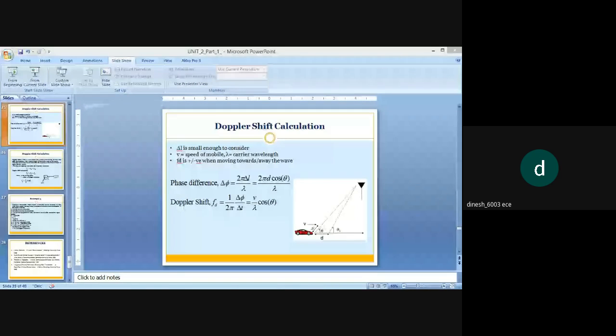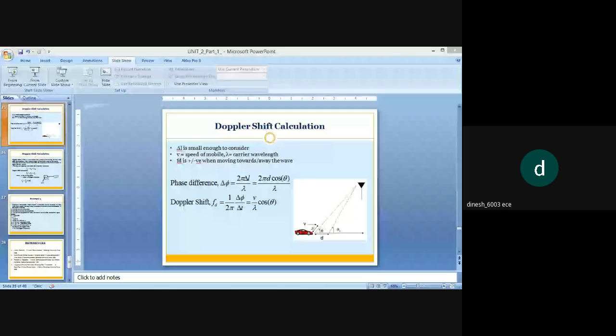Now here you need to find the case with no Doppler shift. If there is no Doppler shift, theta is 90 degrees, which is the direction perpendicular to the direction of arrival.